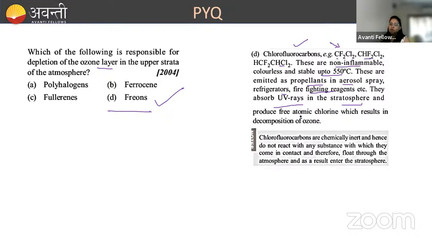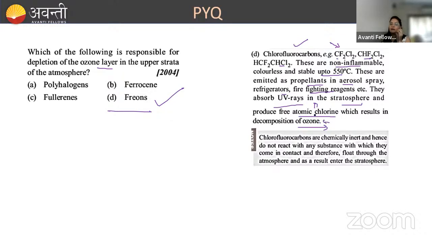stratosphere and produce free atomic chlorine, which results in the डिकम्पोजिशन ऑफ ओजोन। वो क्या करते हैं, यूवी रेज एब्जॉर्ब कर देते हैं और उसके वजह से there is a production of atomic chlorine, and when atomic chlorine is present there is a depletion of ozone layer happening.